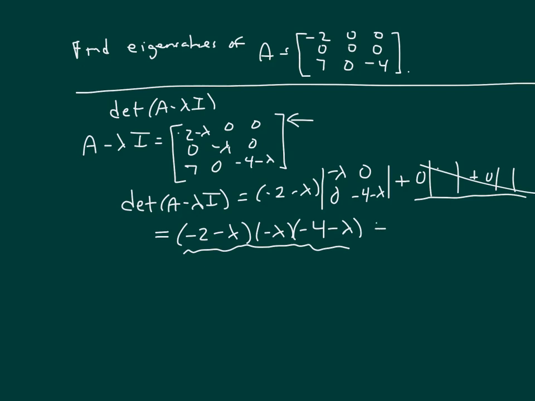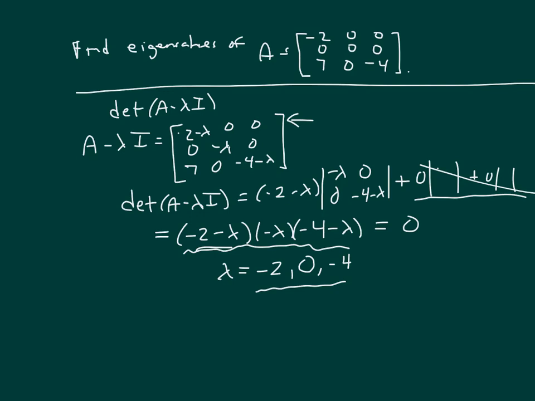If we set that equal to 0, the first term gives us lambda equals negative 2, the second term gives us 0, and the third term gives us lambda equals negative 4. And so those are our eigenvalues for the matrix A.